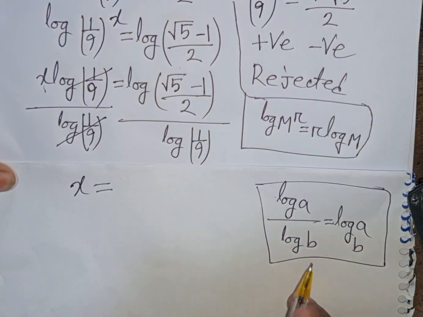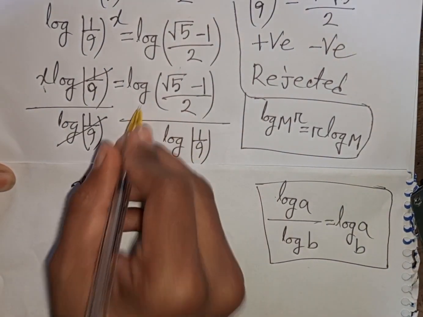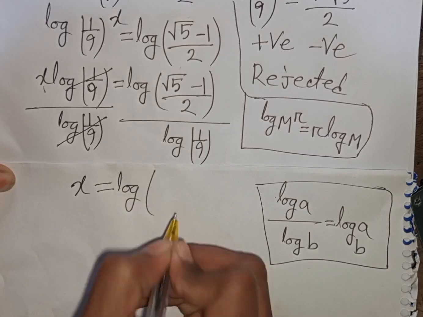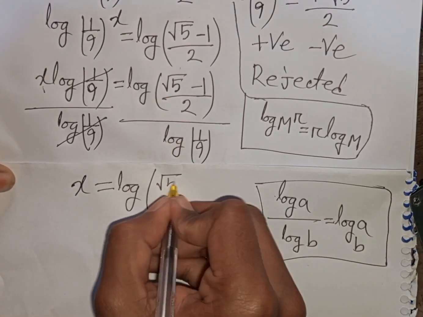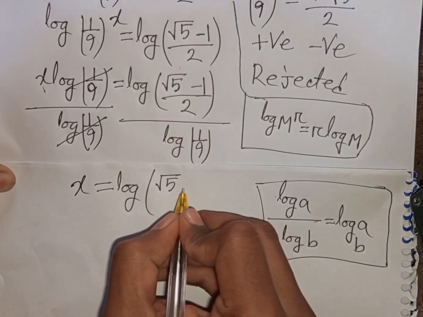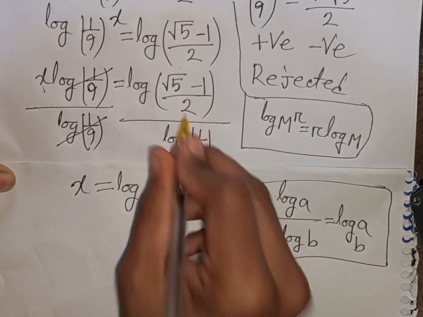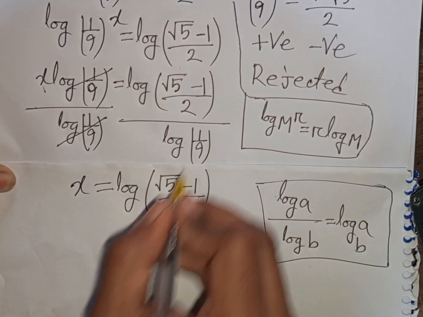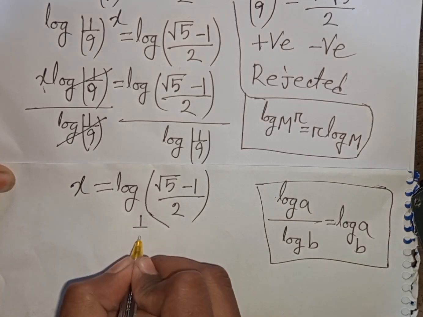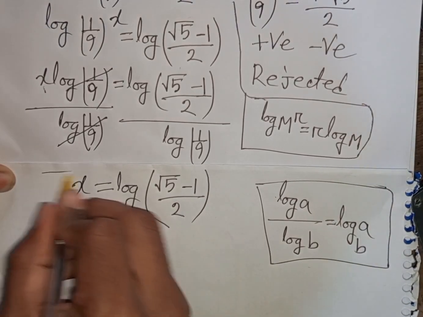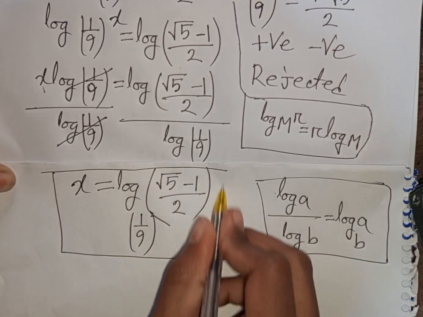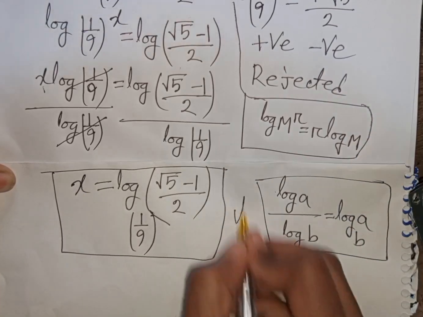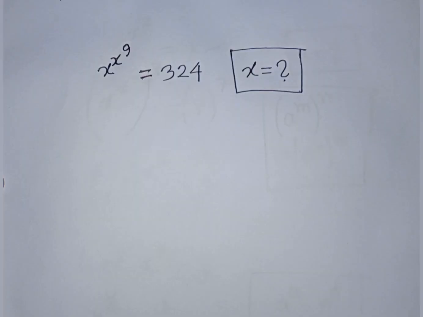So according to this rule, it will be log of (square root of 5 minus 1) over 2, base 1/9. So this is the value of x, so this is our final answer.